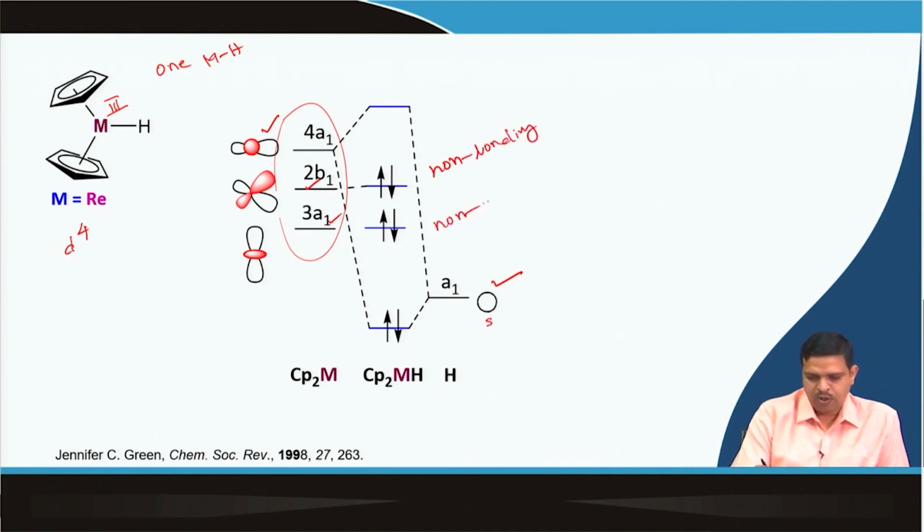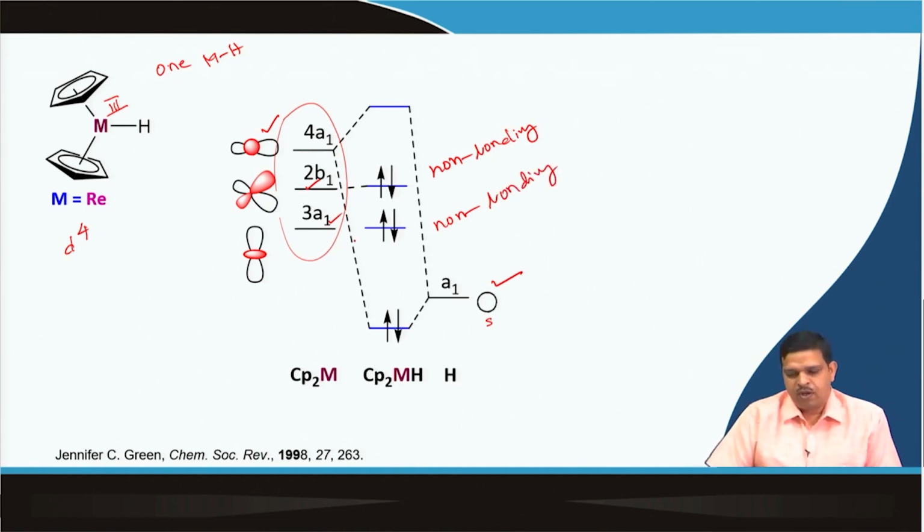Here 2b1 is the HOMO, the highest occupied molecular orbital, with the highest energy, and it is fully occupied with electrons. So, here you will see two non-bonding molecular orbitals.